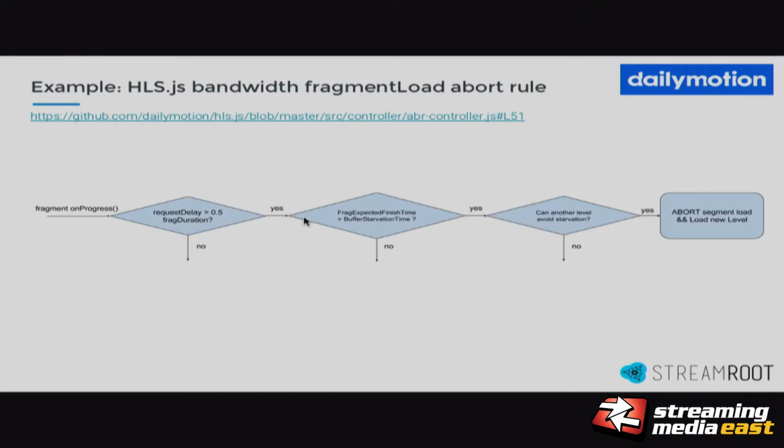So let's go back to the last rule used by HLS.js, which is the fragment load abort rule. How does this work? When you are trying to download a segment, you periodically check if the estimated time of arrival of the segment is bigger than the estimated time of the buffer starvation.